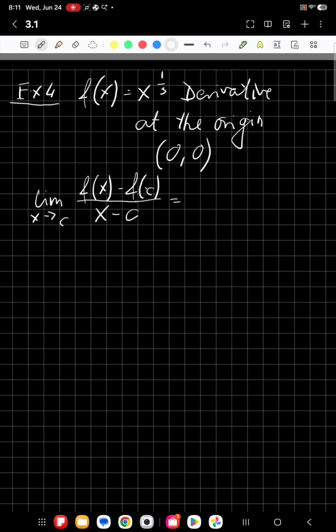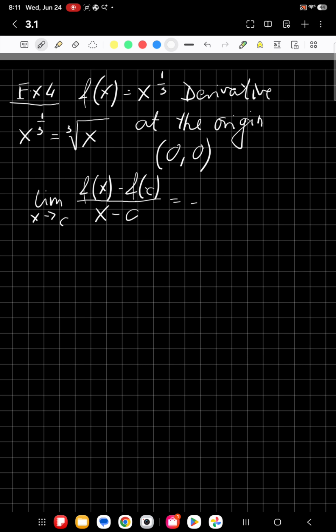Okay, so I hope you know that x to the 1/3 is the same as the cube root of x. But we're not going to use that radical form; we'll use the fraction form.